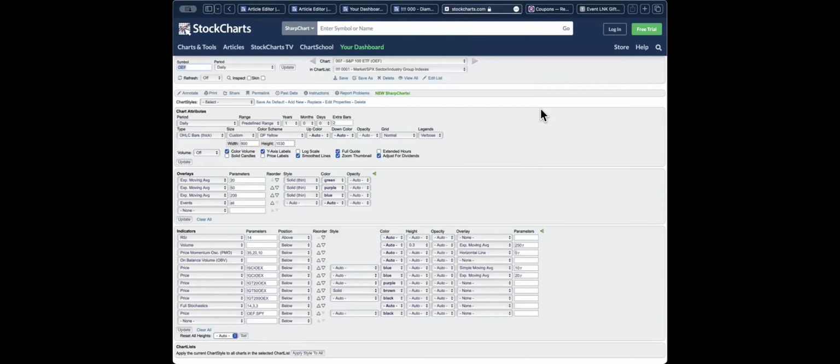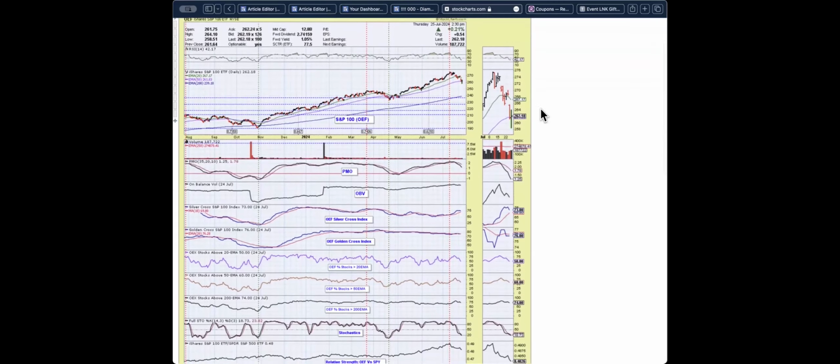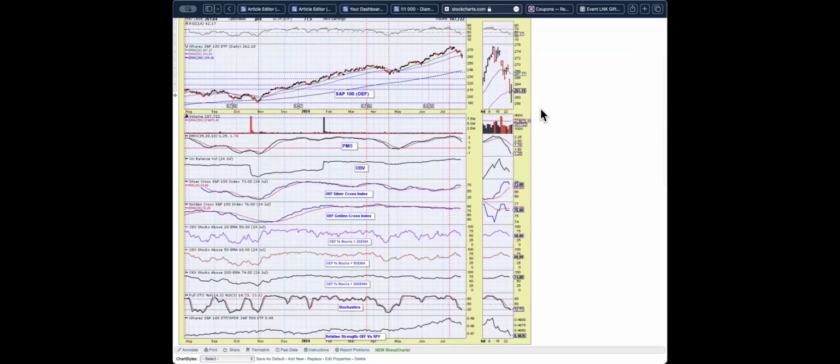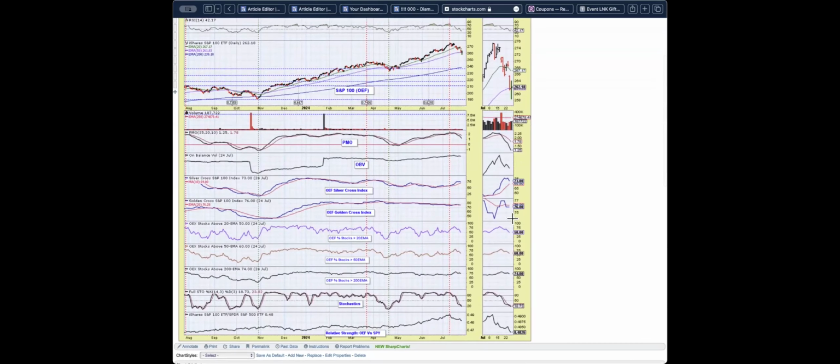The S&P 100, similar price pattern, obviously. And we're reading in the 50 and 60 percentile here on participation, which is much better than what we've seen on some of those other indexes. And we have a Silver Cross at 73%, which is pretty healthy here for the S&P 100.